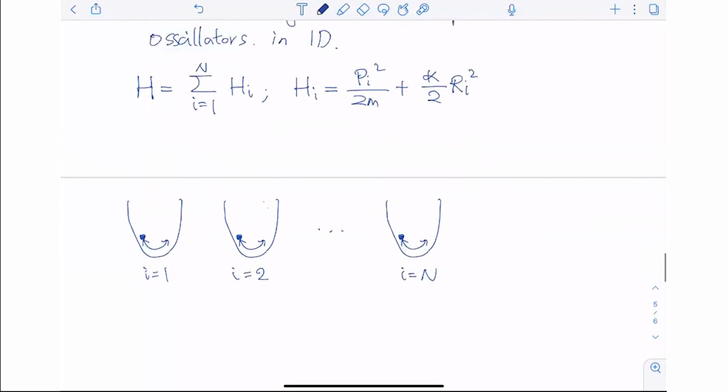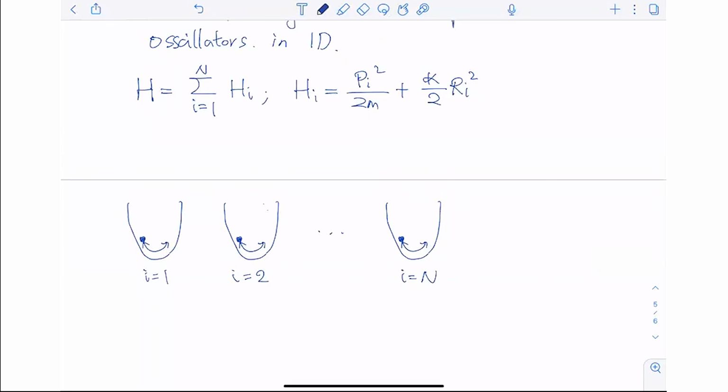Each oscillator has a natural frequency, omega naught squared is equal to kappa divided by m, where kappa is the coefficient that describes the magnitude of the restoring force.